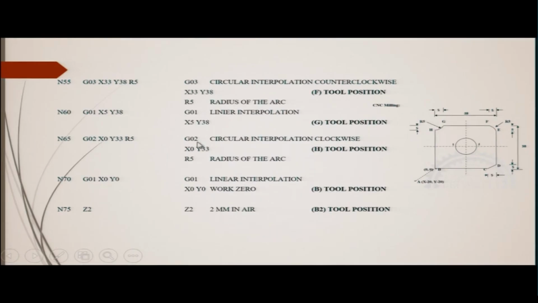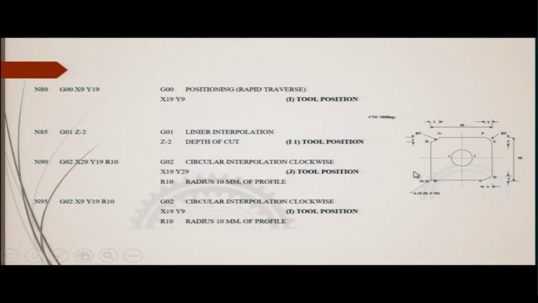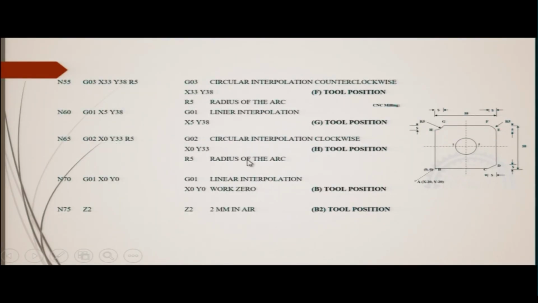Then we will have the circular interpolation here with the R5, which we have to specify, and the coordinates will be X0, because if it is coming here then X will be 0, and Y will be 33, and then the tool position will be at H. R5 is given already for the radius of the arc, and in the next block we have the linear interpolation again from H to B. This is the final point given from H, so it will be 0 0, because it is coming back to the initial position.